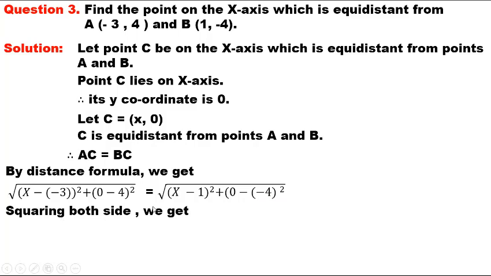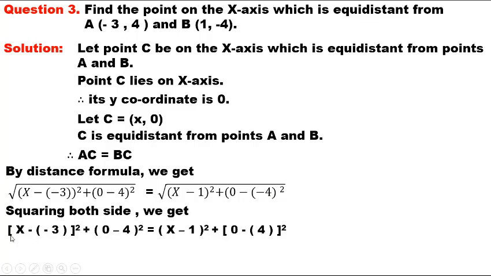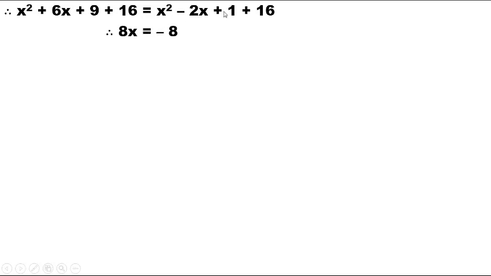Squaring both sides we get (x minus 3) square plus (0 minus 4) square is equal to (x minus 1) square plus (0 minus 4) square. (x plus 3) square plus (minus 4) square is equal to (x minus 1) square plus 4 square. x square plus 6x plus 9 plus 16 is equal to x square minus 2x plus 1 plus 16.